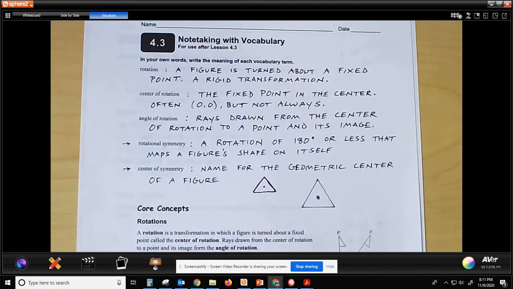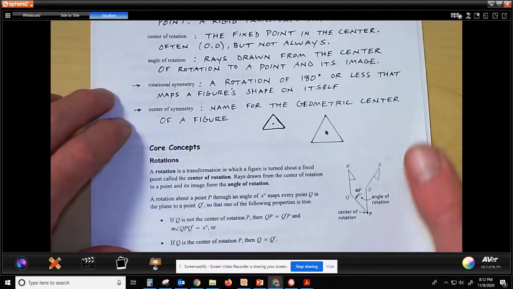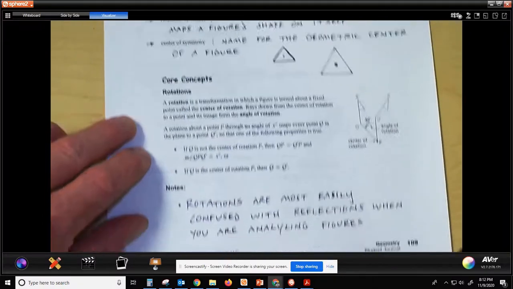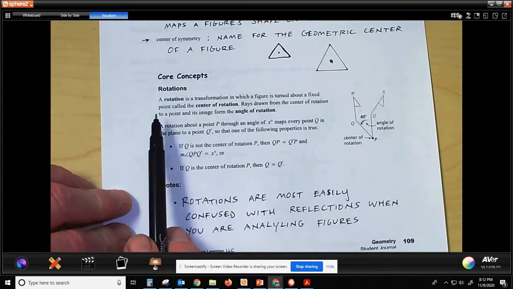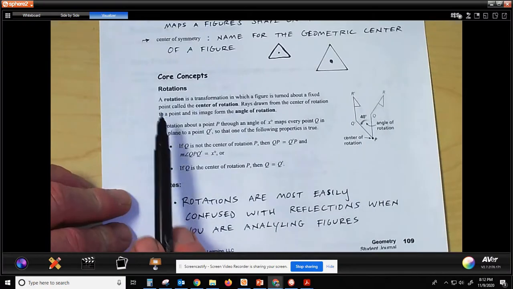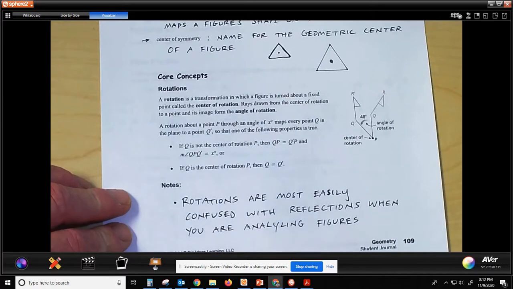And so now hopefully we're caught up on the opening page of your handout and what's in the Google Classroom for those of you at home. And I added one note to the bottom of the page here. Here's a more formal definition for rotation, and we have discussed these terms. Rotations are most easily confused with reflections when you're analyzing figures.